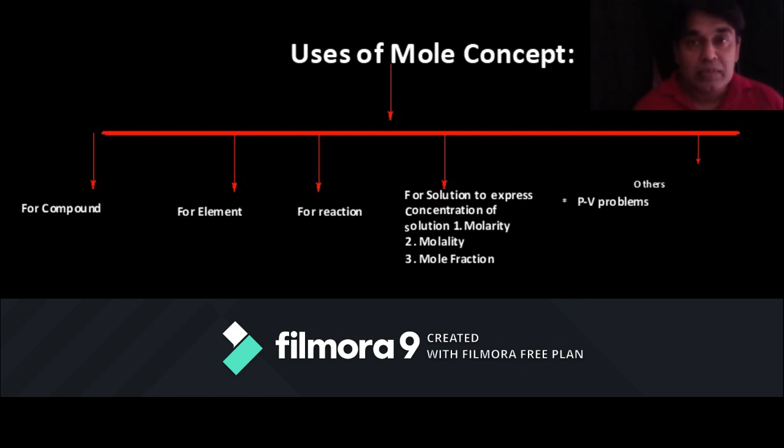The next one: the mole concept is also useful to explain colligative properties. Without the mole concept, colligative properties are nothing, because colligative properties are those which depend on the number of atoms, number of molecules, meaning the number of moles.